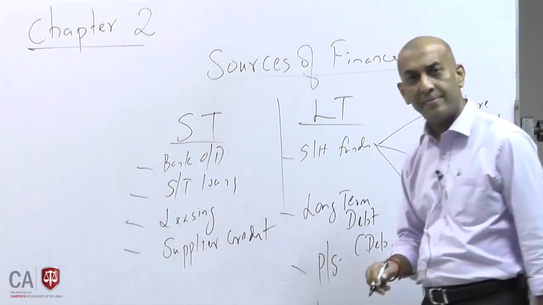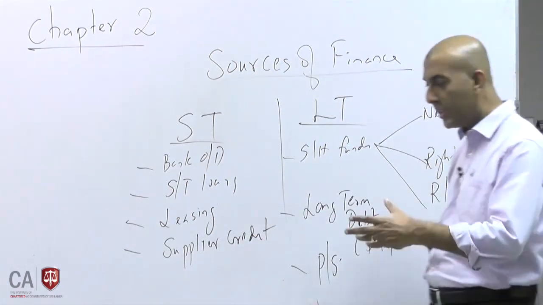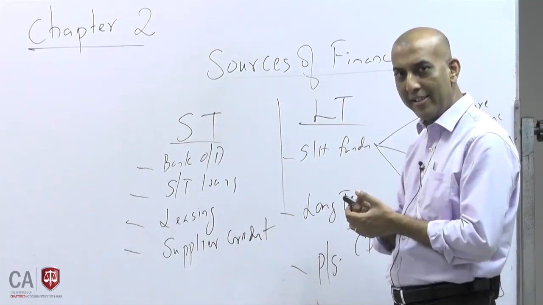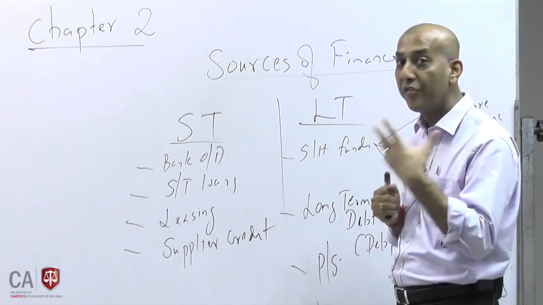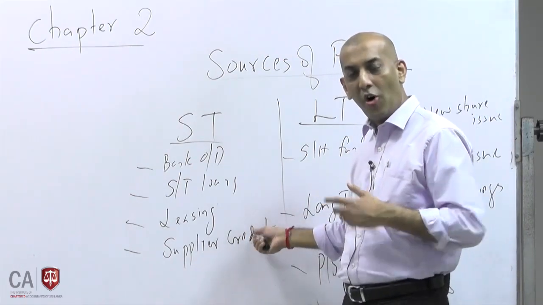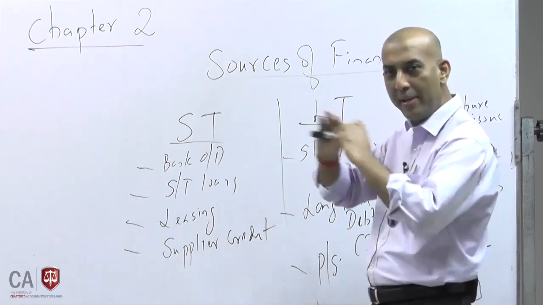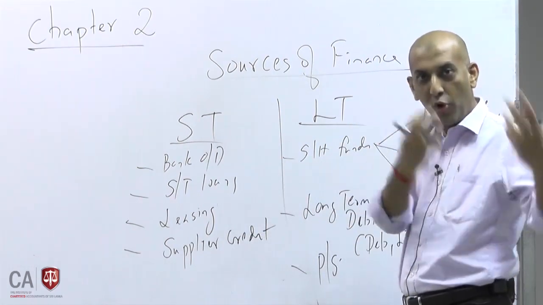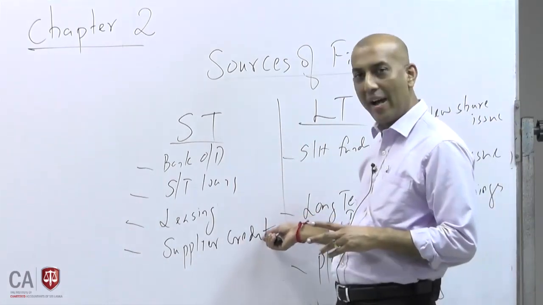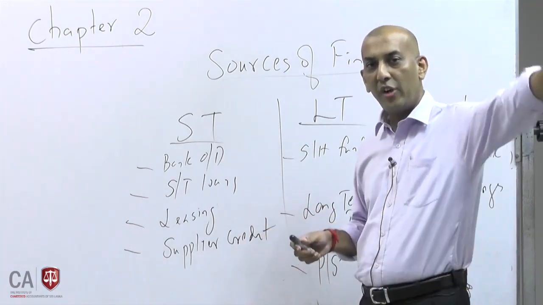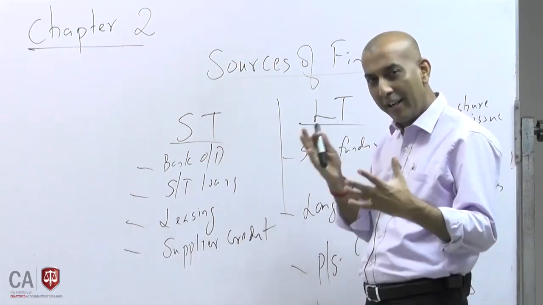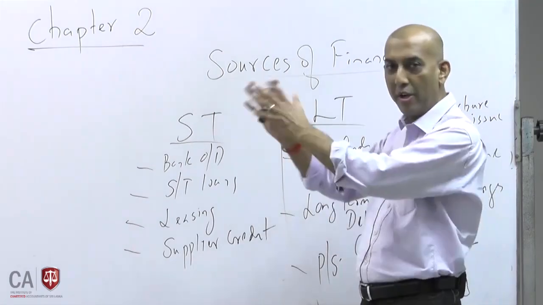is short-term. Why? Most of the time we don't realize that the credit period granted by our supplier is a big source of finance. If you don't have any credit from suppliers, all the money you collect from debtors, you have to pay immediately. Or even if you don't collect from debtors, you have to pay the supplier in cash. But with supplier credit, even if you give debtors credit for 2 months, and your supplier gives 1 month credit, you have some credit period in which you can breathe to pay your supplier.